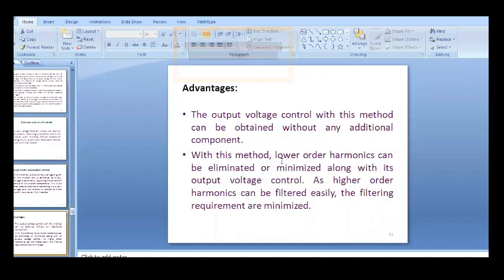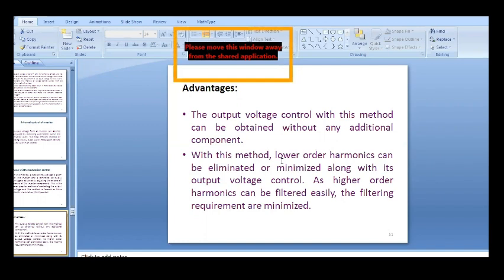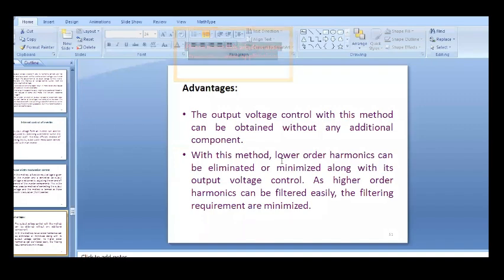There are some advantages. Which type of advantage? The output voltage control with this method can be obtained without any additional component. That means you can control the output voltage by using this method without any additional component. So obviously, as there is no additional component, this system must be more effective than using more stages where a filter circuit is needed.